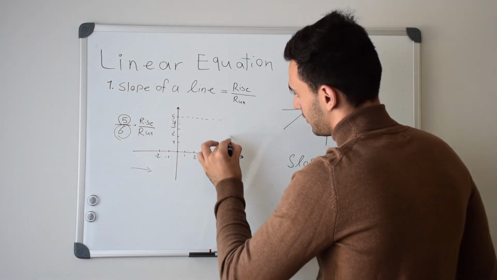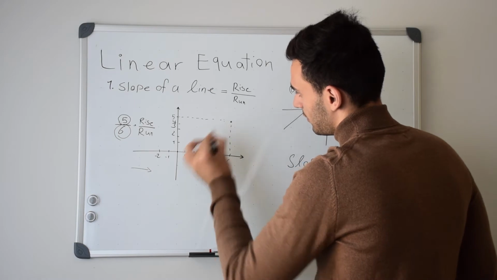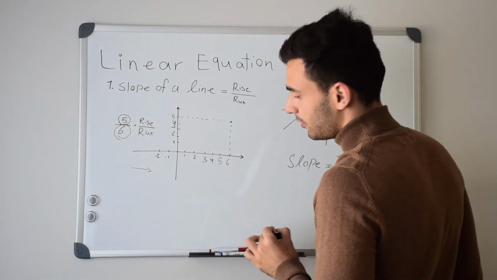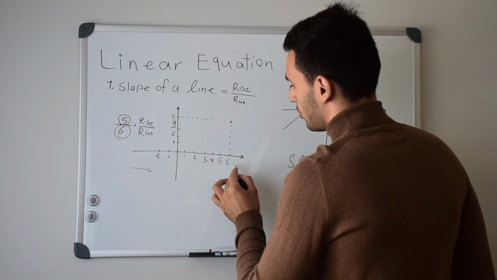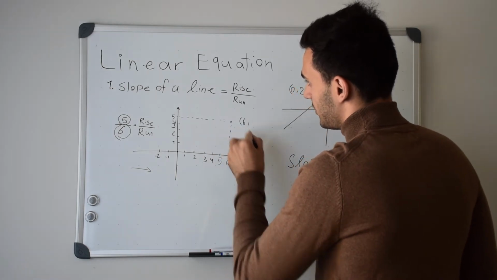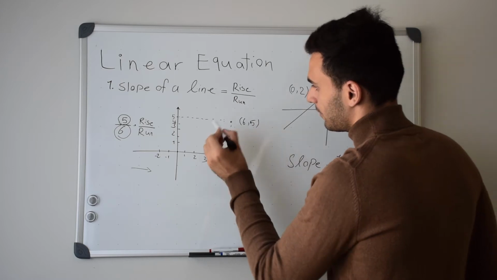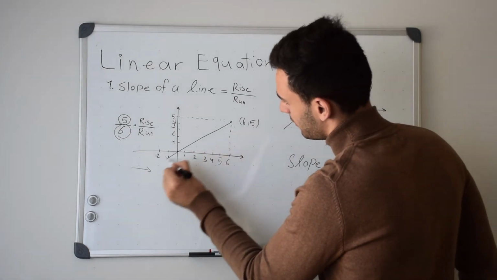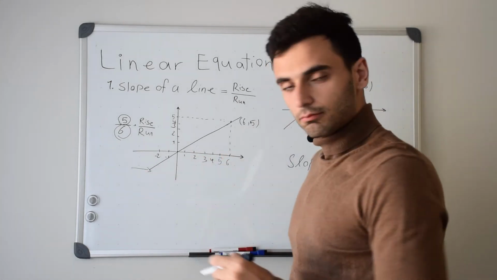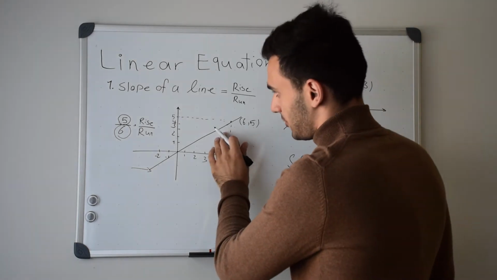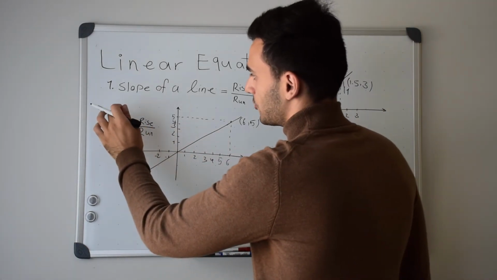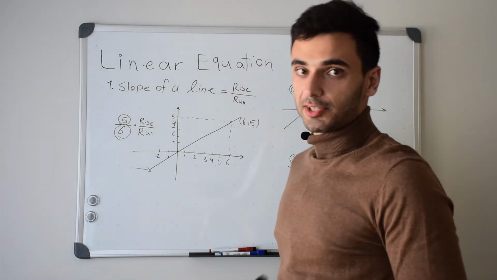So this is our first point from 0, 0, and it goes to point 6 and 5. And here is our line. So that's the line that represents the slope of 5 divided by 6.